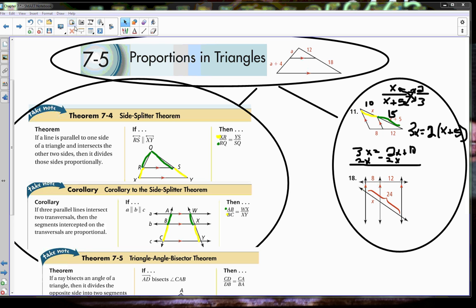Okay. So we're going to say that 8 over x, so this and this, is going to be equal to this over, well, the whole distance is 24. So this little distance from here to here has to be 24 minus x.